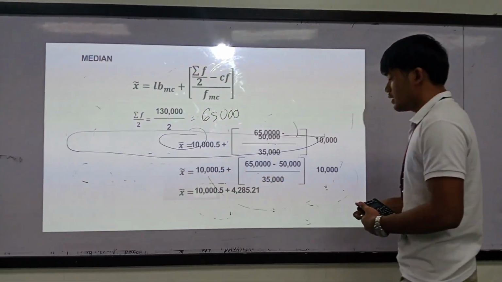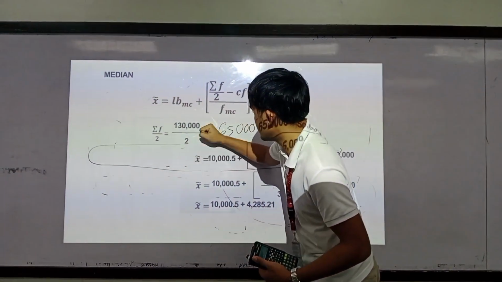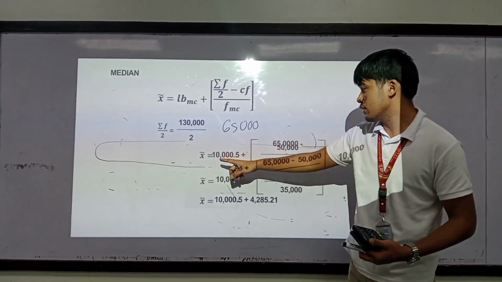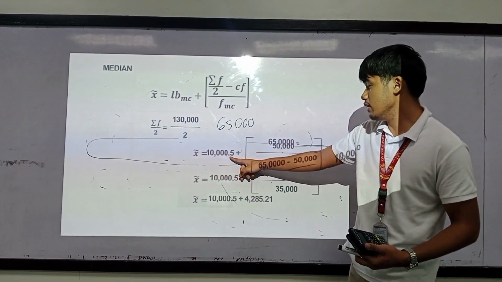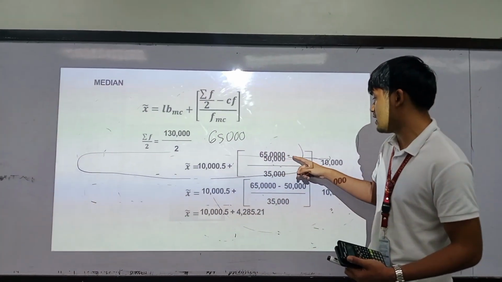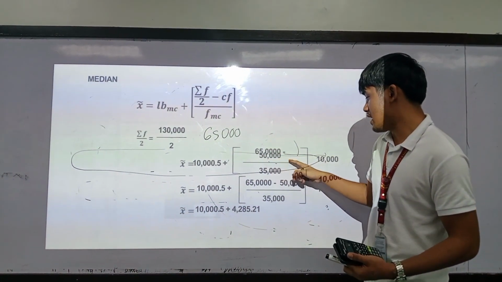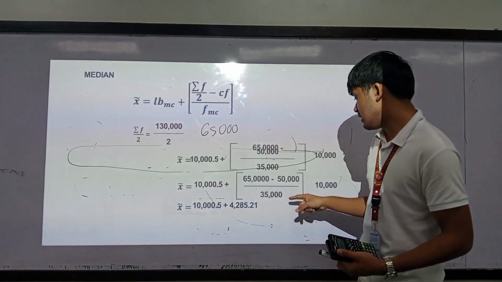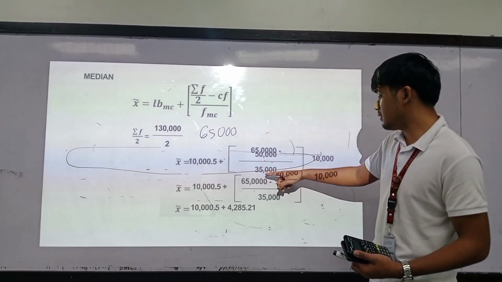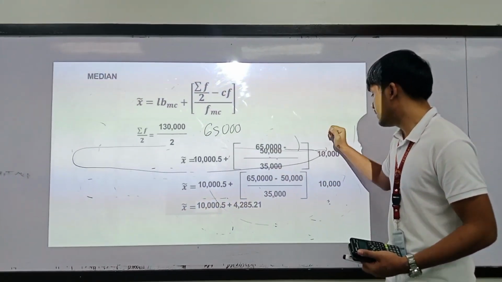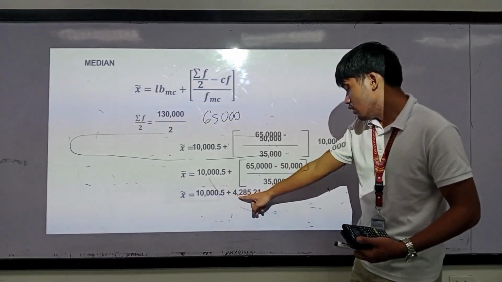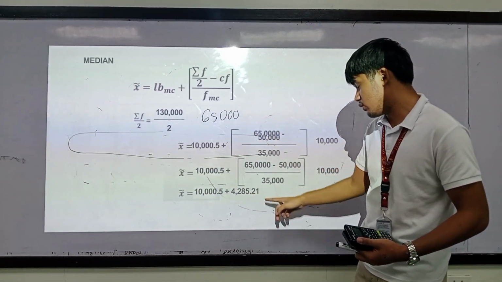So we will just need to substitute it. Our lower boundary is 10,000.5 plus 65,000 minus 50,000, divided by 35,000 times 10,000, then we can get the value of 4,285.21.